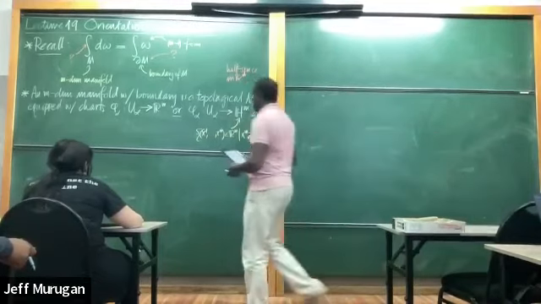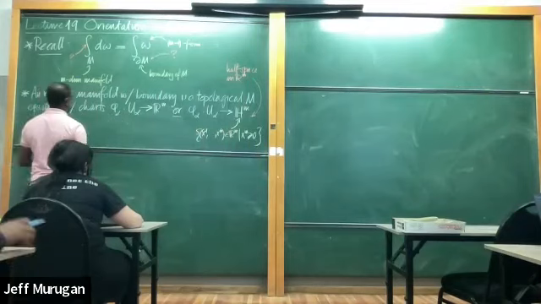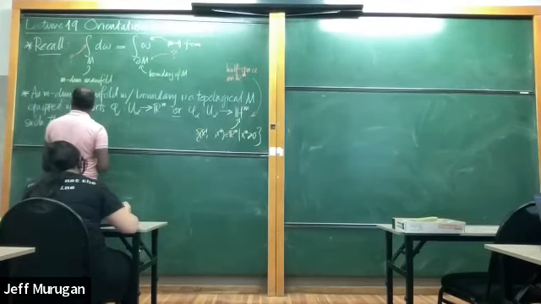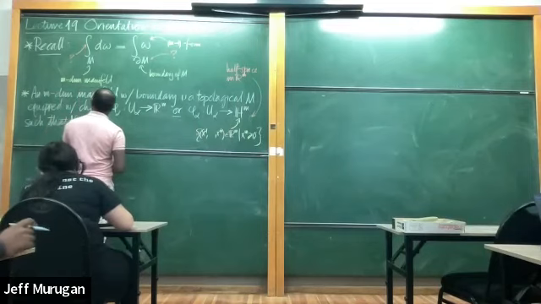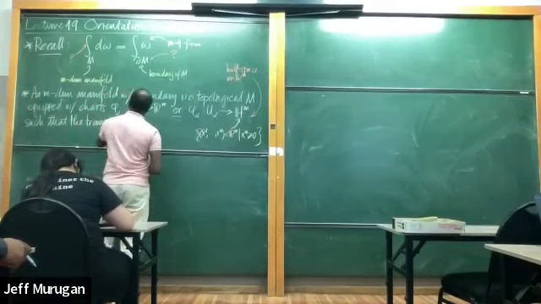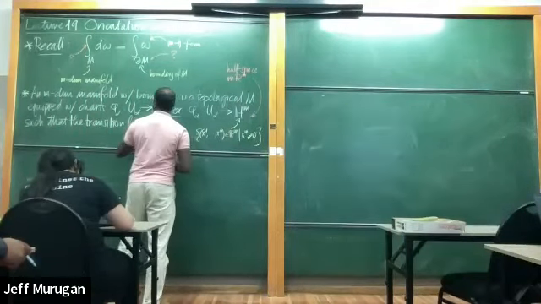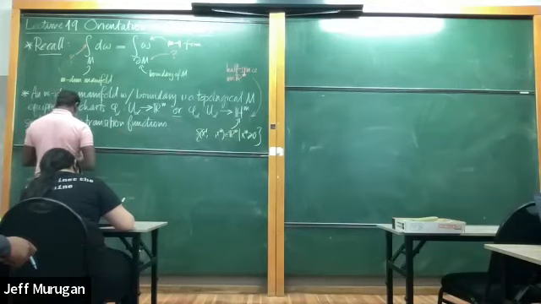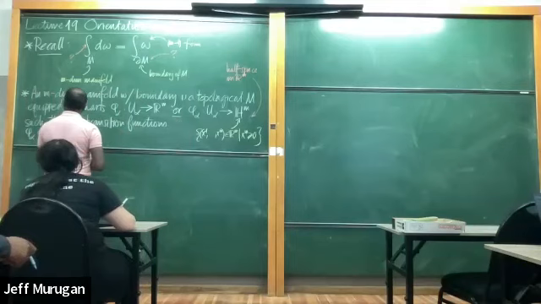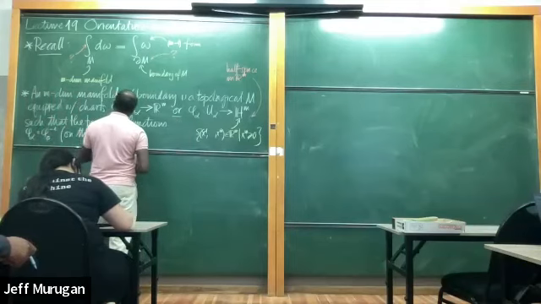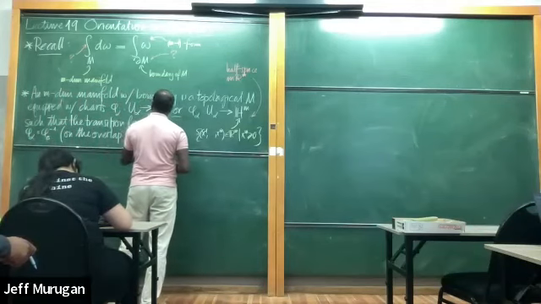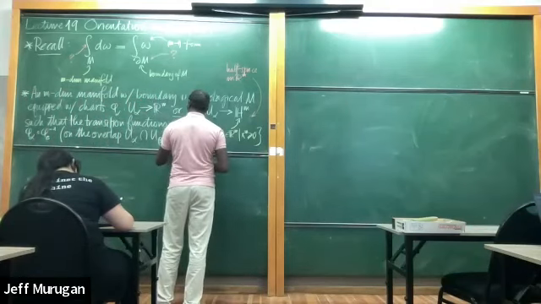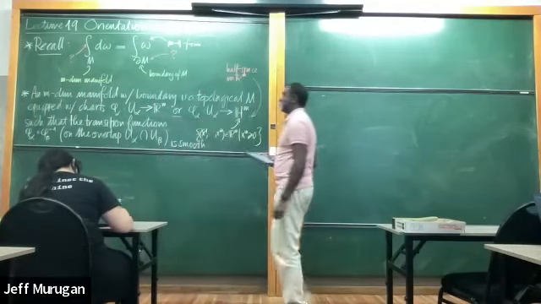Just continuing with our definition, we also need that the transition function phi alpha composed with phi beta inverse on the overlap alpha intersection beta is smooth.